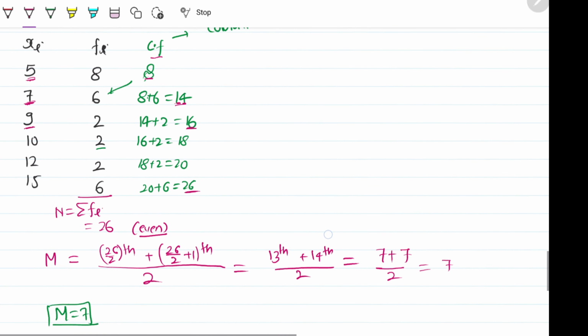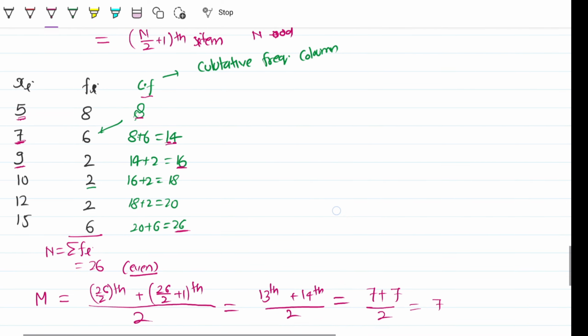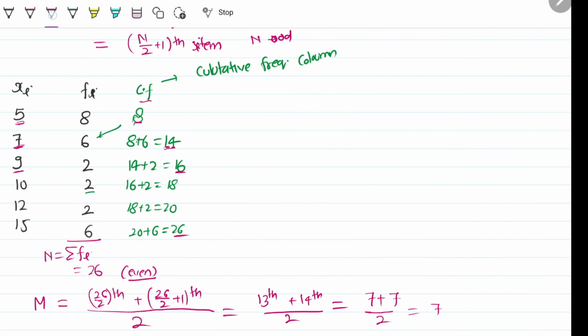So the next column, according to the formula, would be |xi minus M|, the difference from the median, which we calculated as 7.